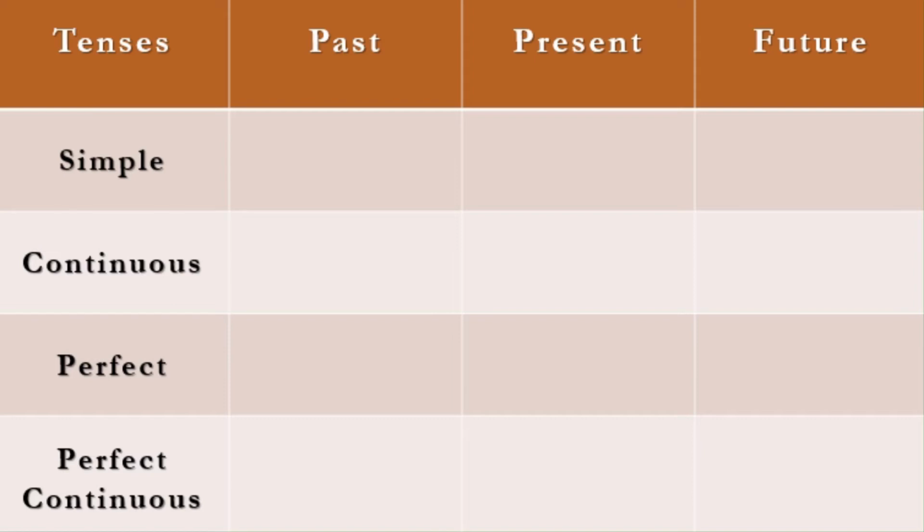That way you don't have to suddenly change from the simple to the continuous ones, and then the perfect and the perfect continuous, because they are a bit different from each other. Then the verb forms change, the helping verbs change, and there are a few additions and subtractions to the sentence structure. So what I would suggest is going horizontally. And now let's have a look at the first row.